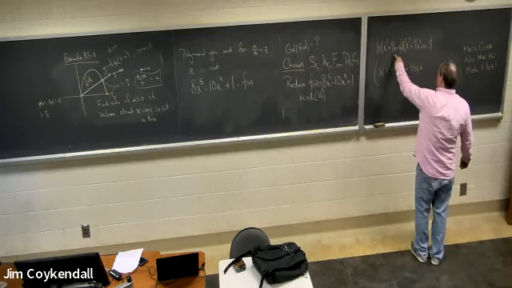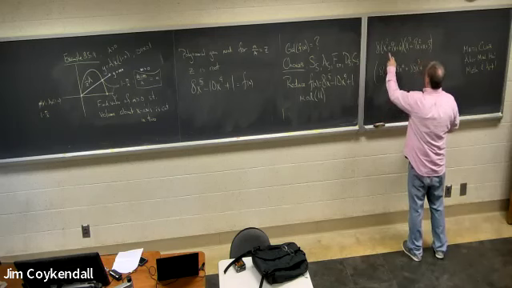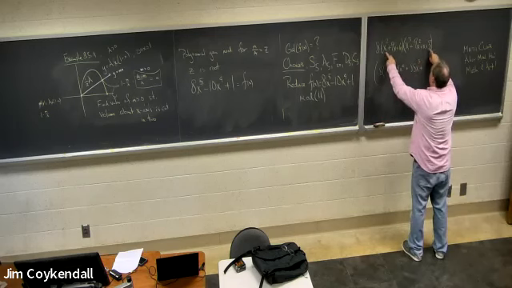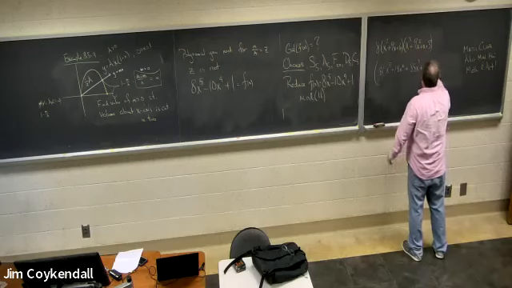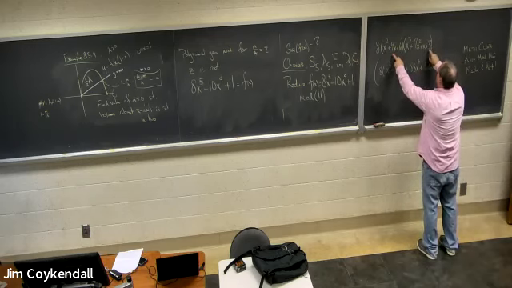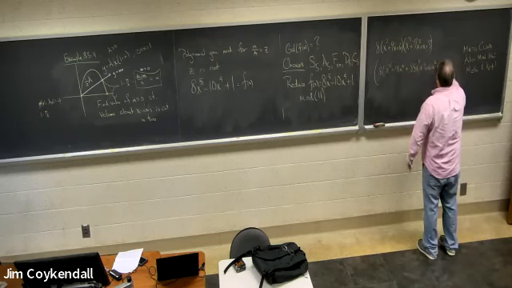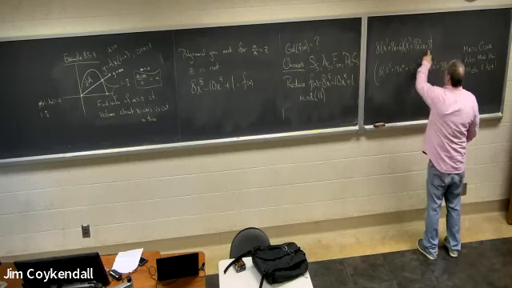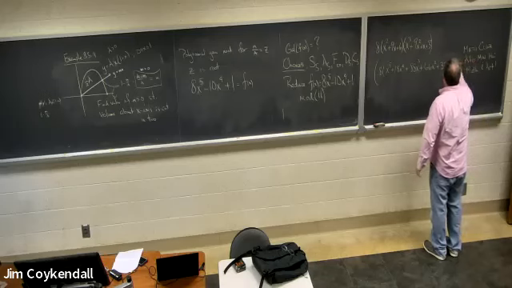Now the quadratic term: I get 3 and 9 is 12, 54 is 66. I need a linear term, which I get 27, and 6 is 33. And finally, I get 18.